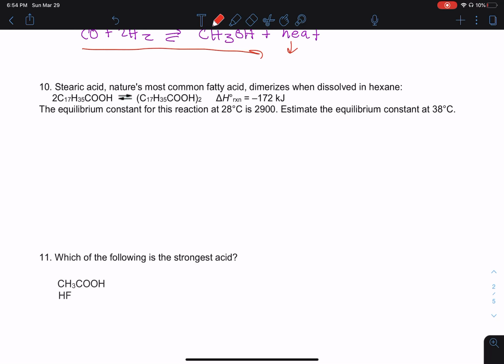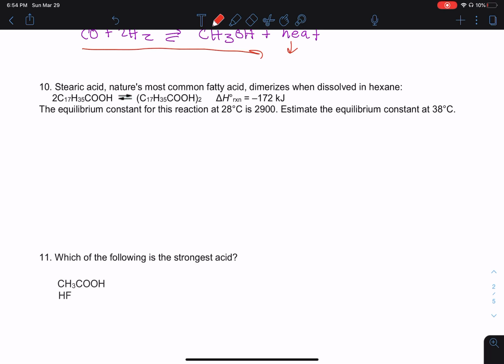So stearic acid, nature's most common fatty acid, dimerizes when dissolved in hexane. And it gives us this really big compound reaction. The equilibrium constant for the reaction at 28 degrees Celsius is 2900. Estimate the equilibrium constant at 38 degrees Celsius.